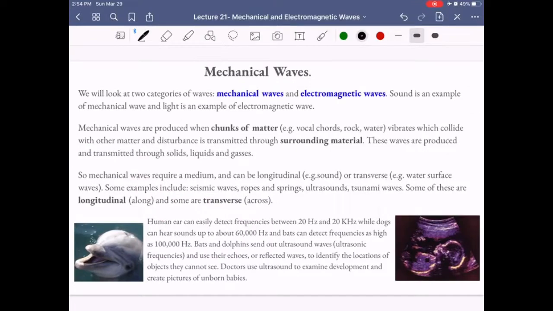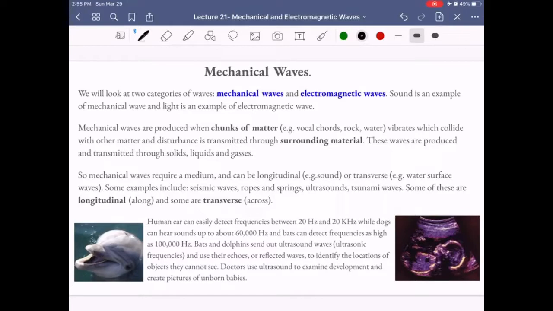So let's now talk about mechanical waves in general. We mentioned it earlier as well, but it's basically a type of wave that requires a medium, and it could be longitudinal waves or transverse waves, and it could travel in solids, gases, or liquids.